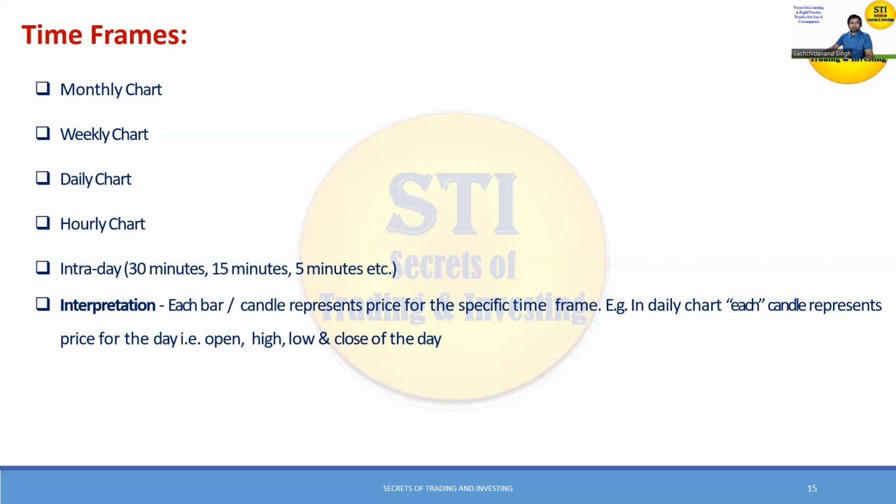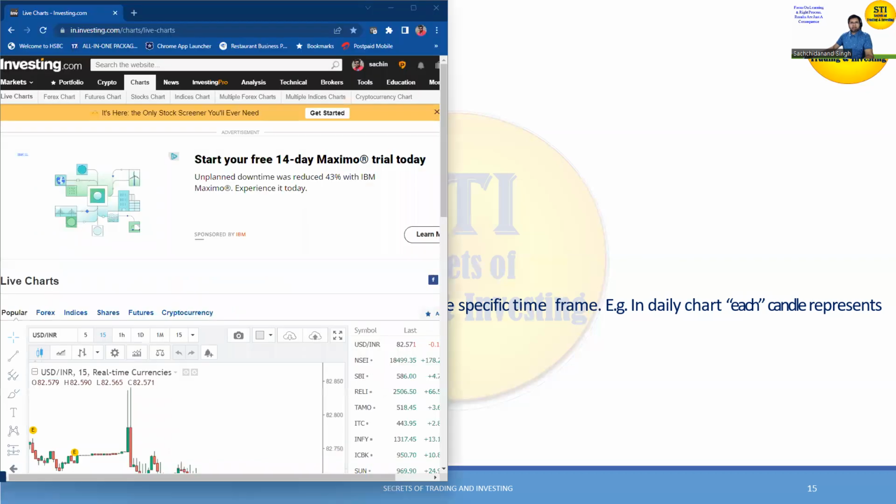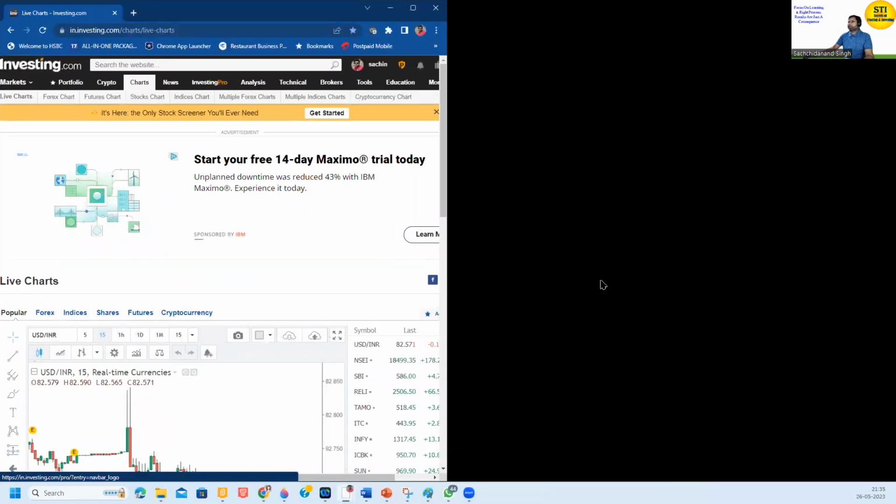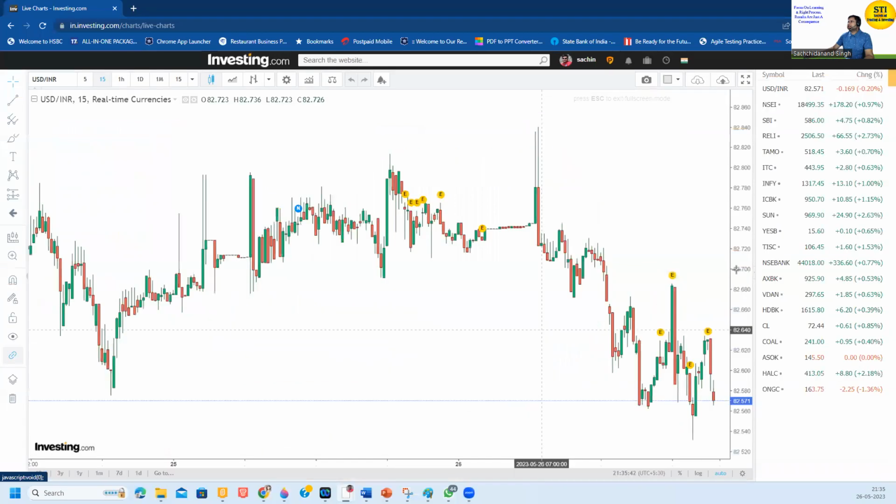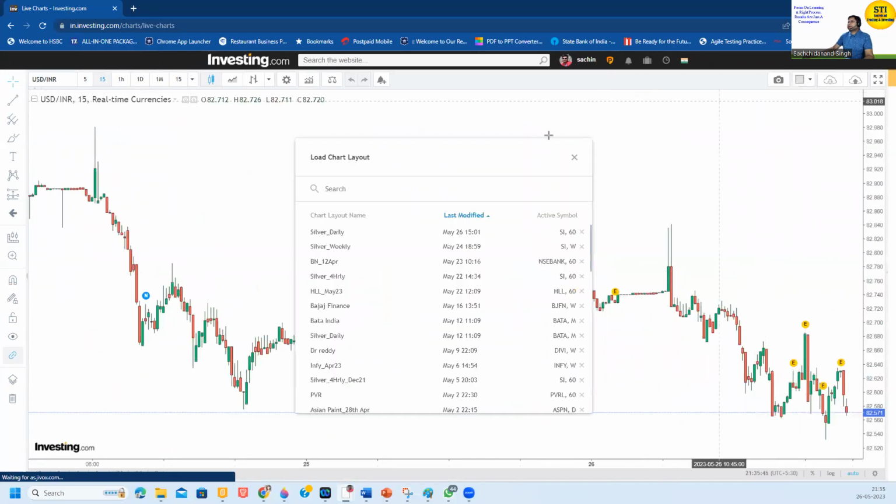Maybe I'll just show you quickly an example of the time frame I'm trying to mention here. Sorry, where is my chart? Okay, so if you open any chart, let's say maybe Dr. Reddy's.